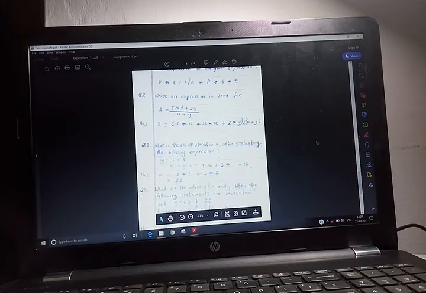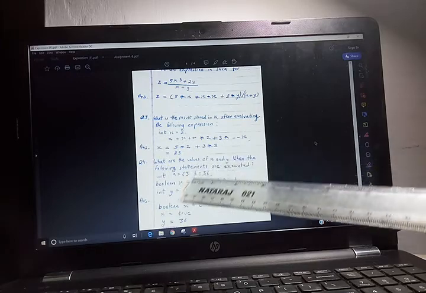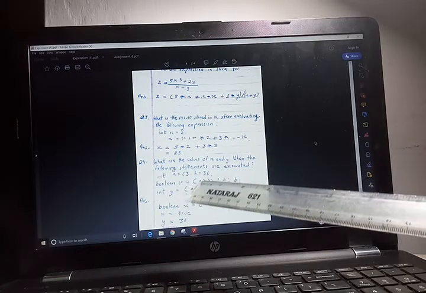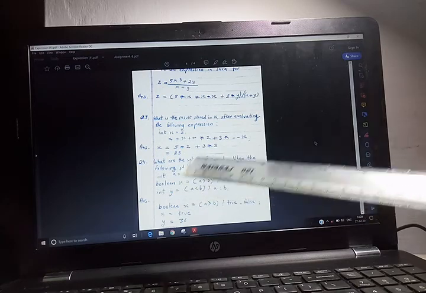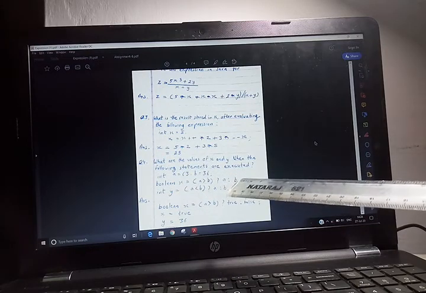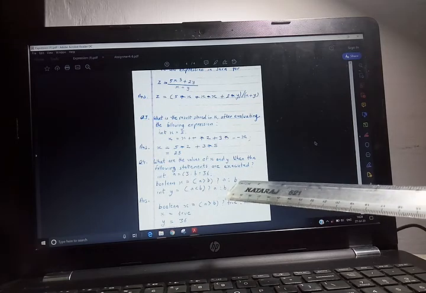Then the fourth one is: what are the values of x and y when the following statements are executed? int a equals 3, comma b equals 36. This is Boolean, and it is the ternary operator.